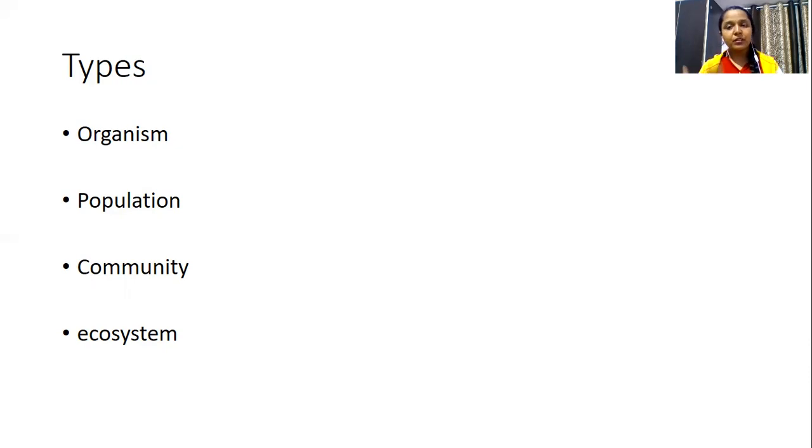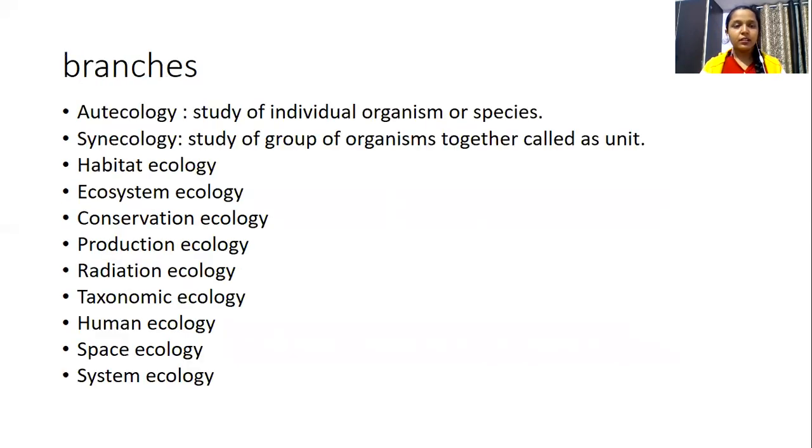Community ecology is the total study of the ecology of a community, the organisms living in a community. And ecosystem ecology is the study of the complete interaction of the abiotic and the biotic factors.